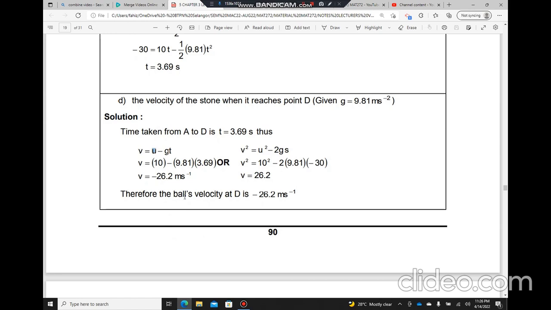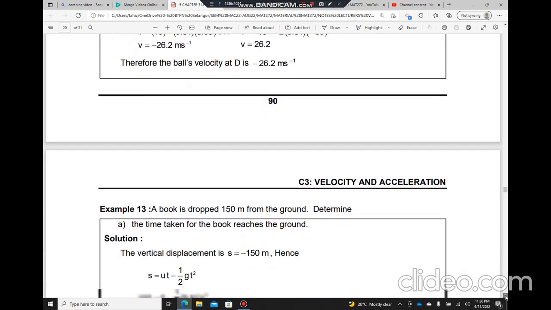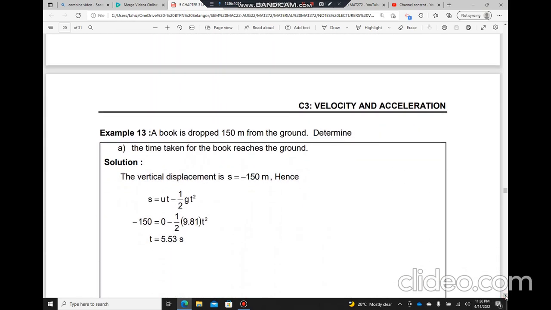So therefore the ball's velocity at D is negative 26.2. Sebab dia turun ke bawah kan. So velocity dia dapat 26.2.